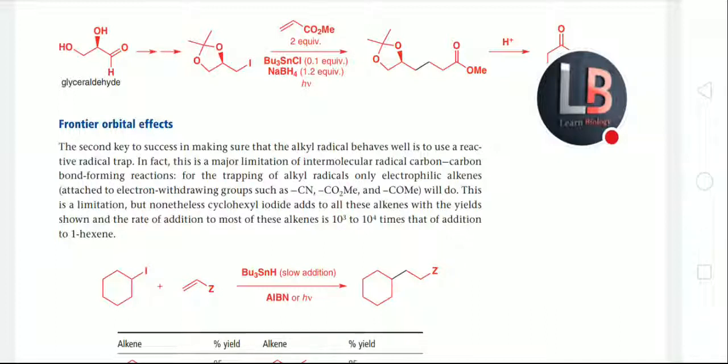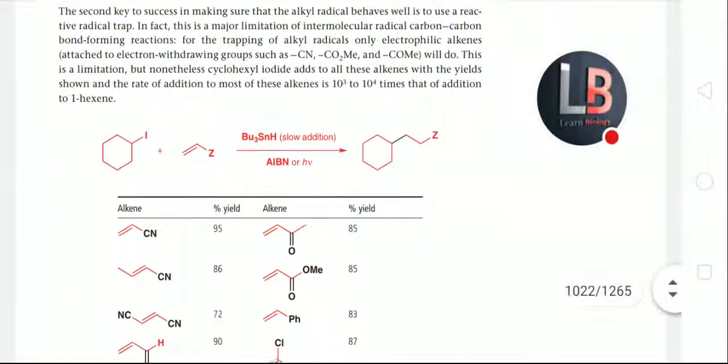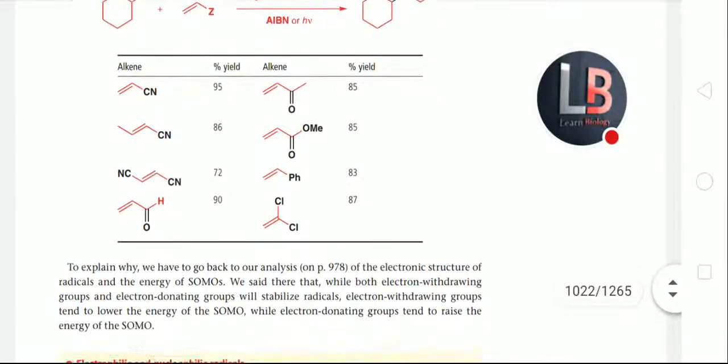This is a limitation, but nonetheless, cyclohexyl iodide adds to all these alkenes with the yields shown, and the rate of addition to most of these alkenes is 10^3 to 10^4 times that of the addition to 1-hexene. So these are the alkenes and percent yields.